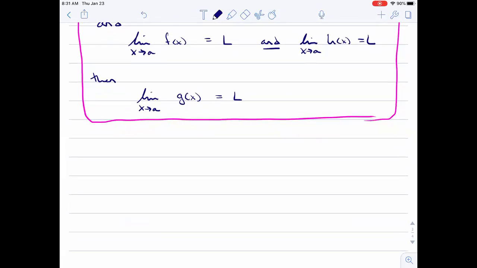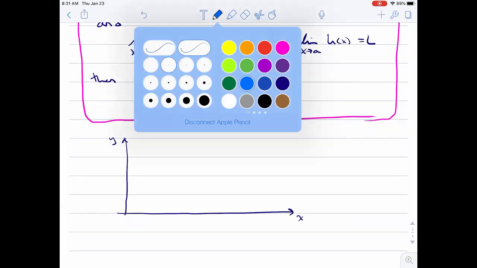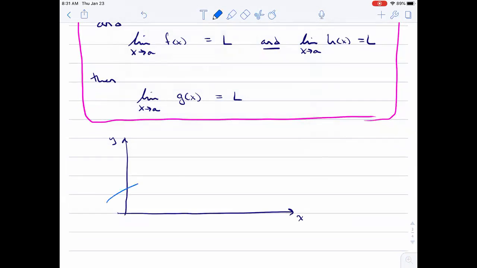So if you imagine some XY axis, and here's f of x, and then here, I have to draw it carefully this time because it has to squeeze.